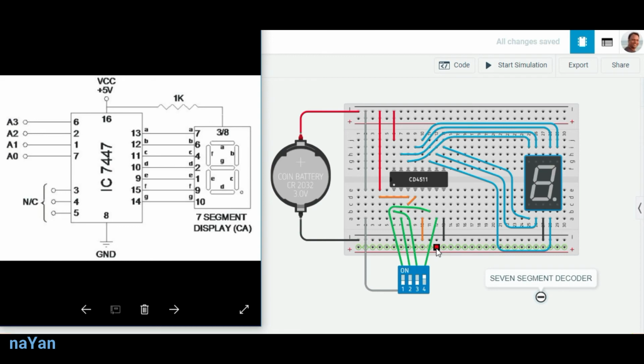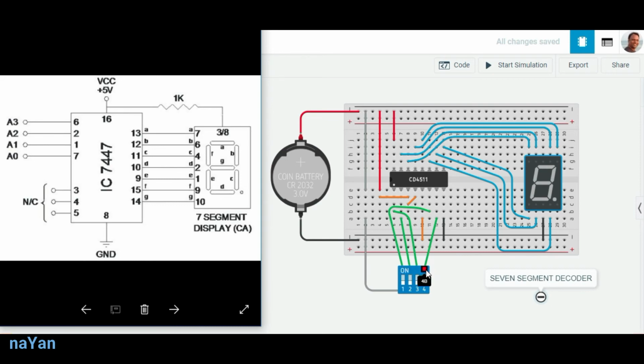We have 4 inputs here. Just connect the inputs one by one to the proper pins. In this case we are using A0, A1, A2 and A3. Always remember the most significant bit is set at the left side, so A3 comes at the leftmost side.